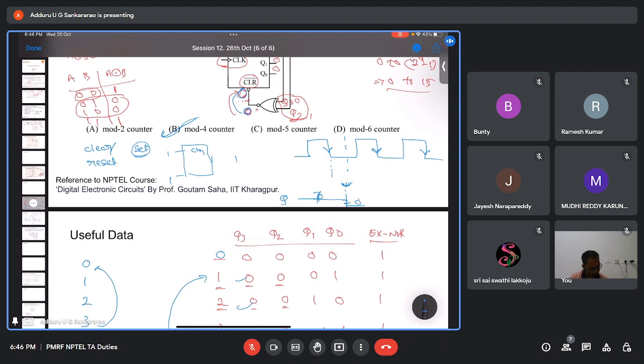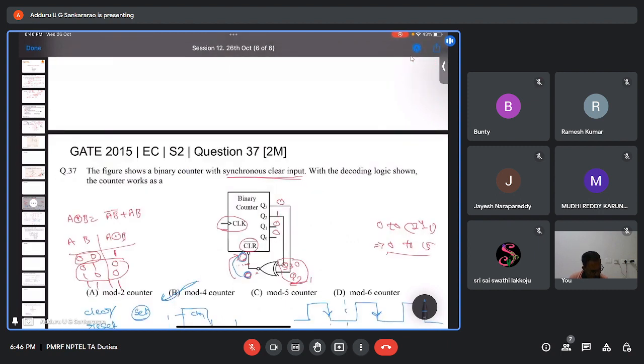But here it is mentioned synchronous clear input. Maybe they mean whenever you apply the clock, then the output will change. That means here their meaning is maybe when the fourth clock pulse is applied, then immediately the output will become 0100.